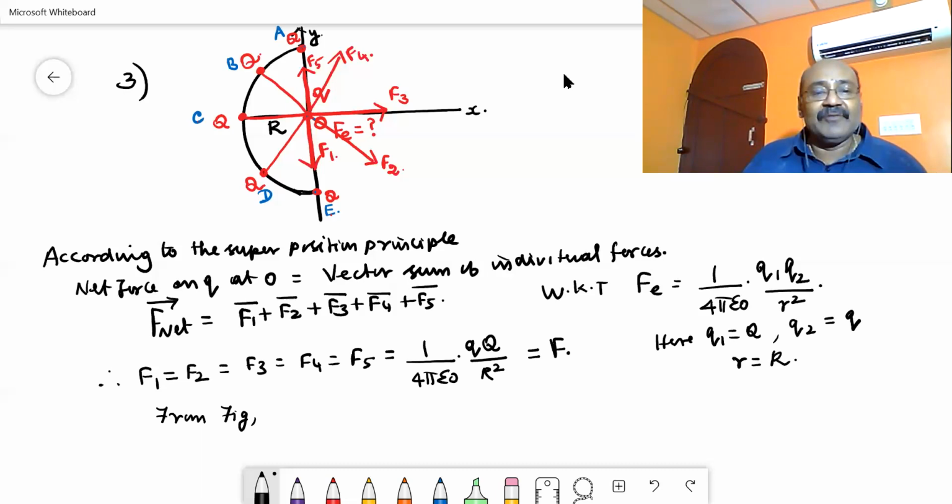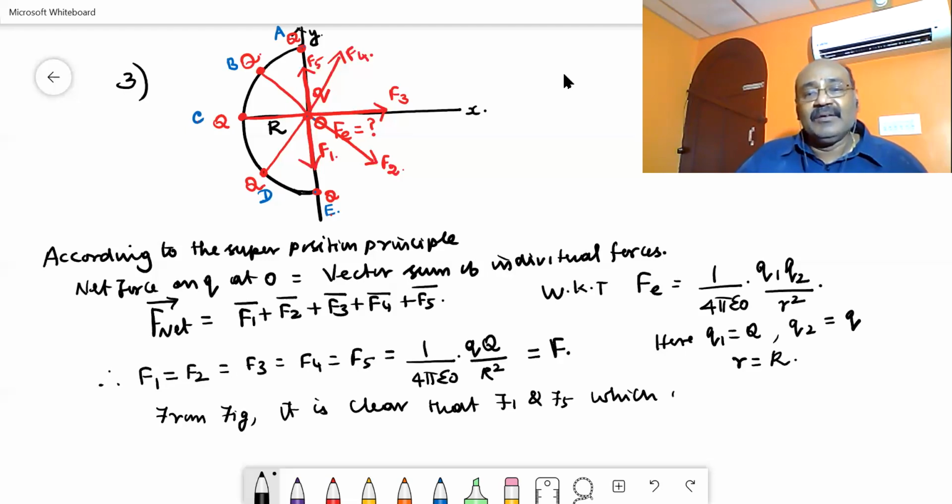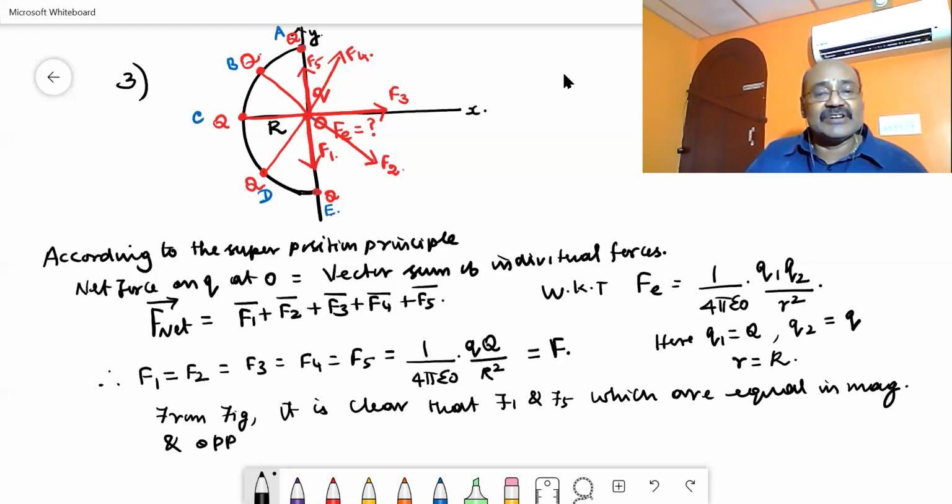So from the figure, it is clear that F1 and F5, which are equal in magnitude and opposite in direction, cancel each other.